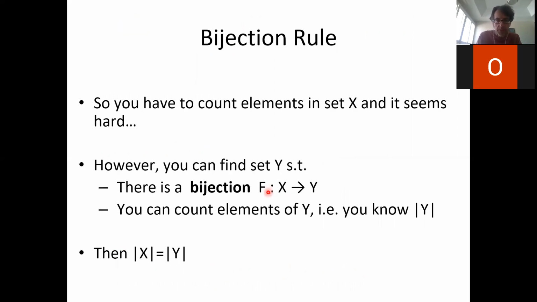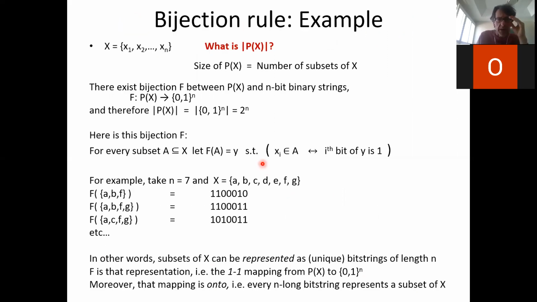So that's one example. Here's a different one. You have a set of n elements, and you're asked how many subsets of that set there are. You have an n-element set, it does not matter what those n elements are, and you're asked to count the possible subsets.